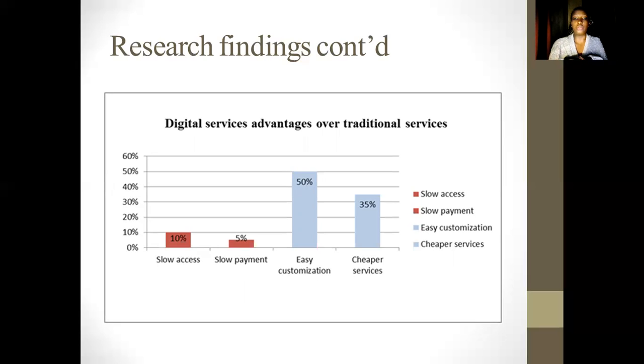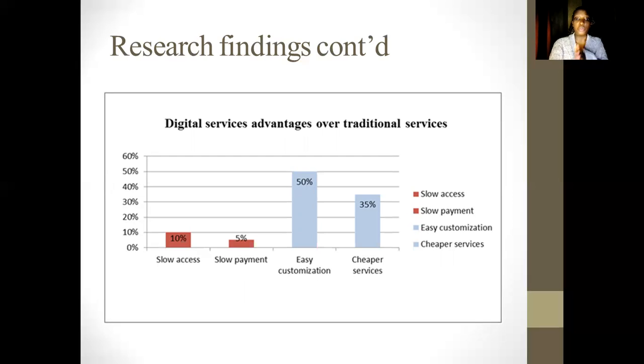And of course, 50% of the participants answered that transitioning from traditional to digital services helps them with easy customization, or having specific ads or specific content that is for them, that is easy customization.